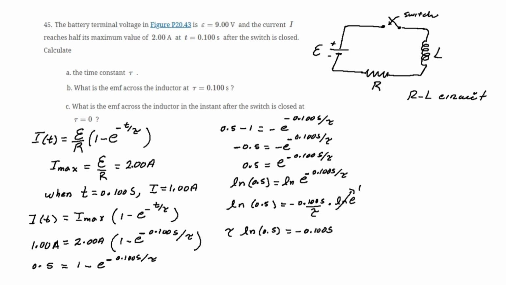So tau is equal to negative 0.100 seconds over the natural logarithm of 0.5. When you calculate tau, the time constant, you get 0.144 seconds. This is the time constant of this circuit.